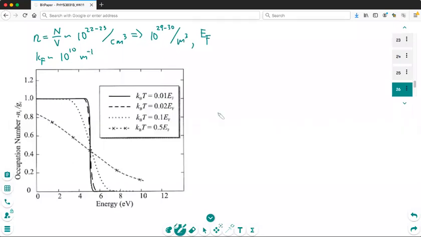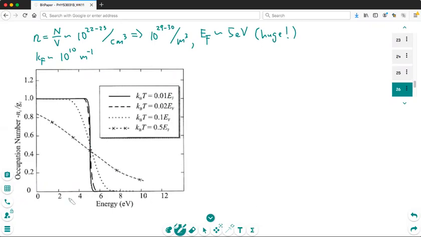Plug it in, you put in your h bar, you put in the mass of the electron, you get about 5 eV. Let me tell you this much, this 5 eV is huge, and we need to know this to proceed from here. You can see this is a realistic calculation. This is about 5 eV here.